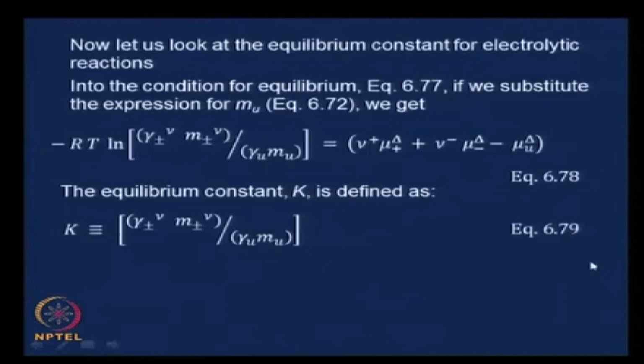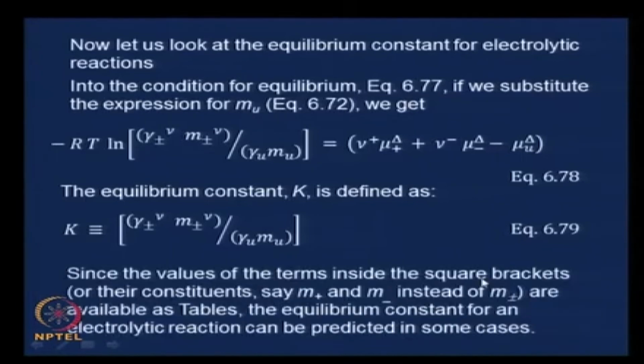Let us call this equation 679, and since the values of the terms inside the square brackets, or their constituents m plus and m minus instead of m plus minus, are sometimes available in tables, there is a way by which you can a priori say what the equilibrium constant of an electrolytic reaction would be, and that is what makes this powerful. So prediction of the equilibrium constant is possible if these values are available.